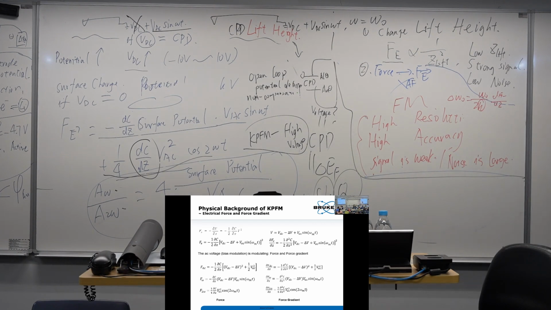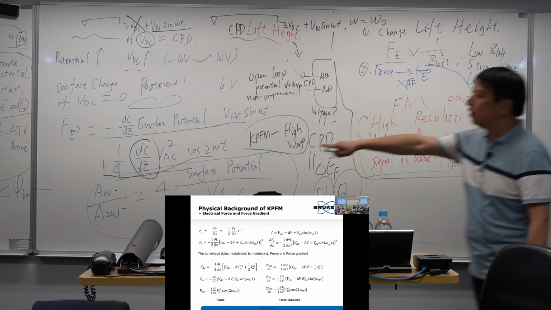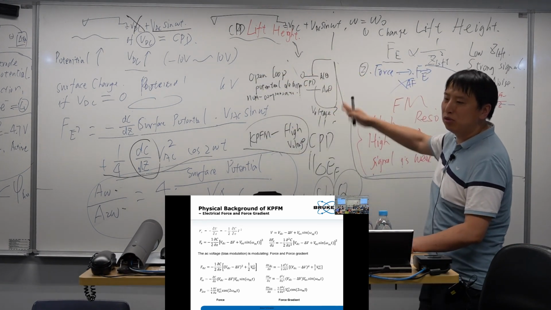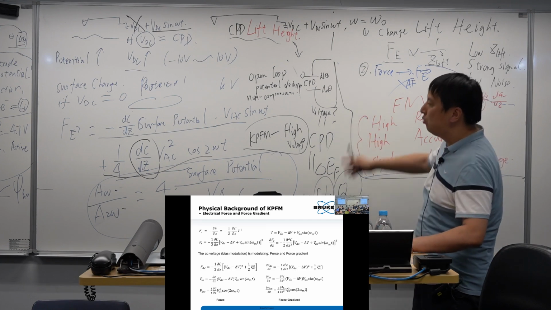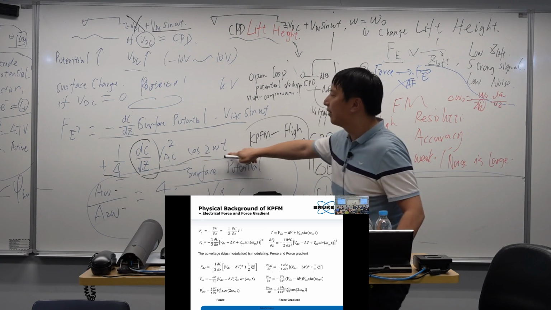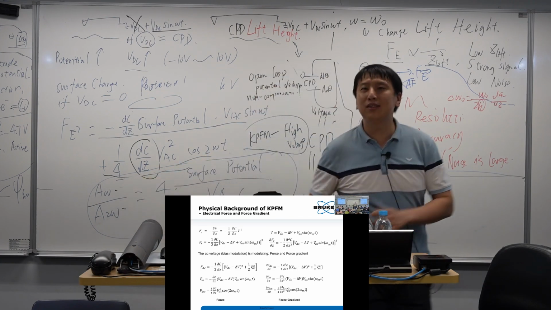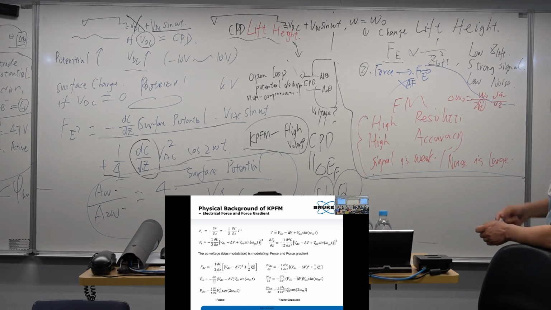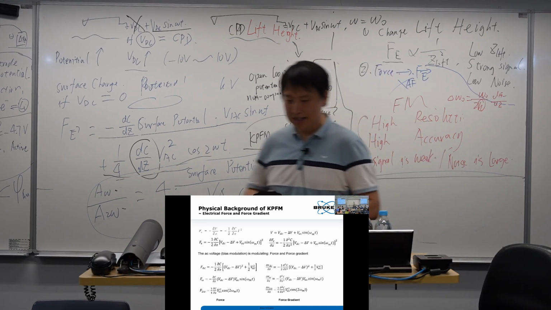So if you want to distinguish materials with different dielectric coefficients, you can use this KPFM HV method on Bruker's machine, but you don't look at the potential, you look at this term. This term can give you the dC over dz. It's also useful.